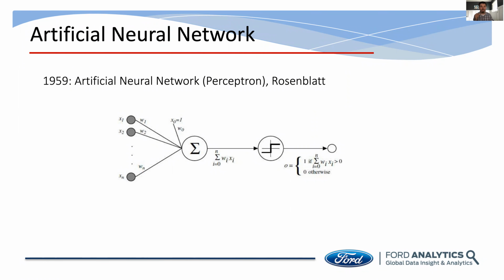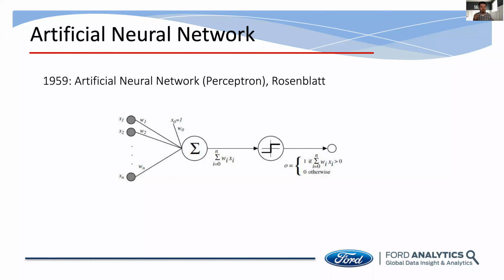And basically, if it gets enough cumulative signal sent to it, it'll fire a 1, and if not, it'll not fire. It'll be a 0. So you get some input here with a binary output, 1 or 0, depending on whether you had enough signal coming to this neuron to excite it.